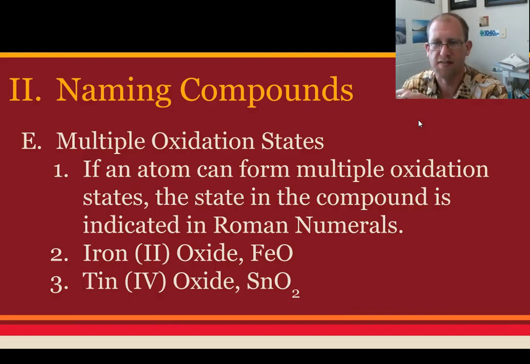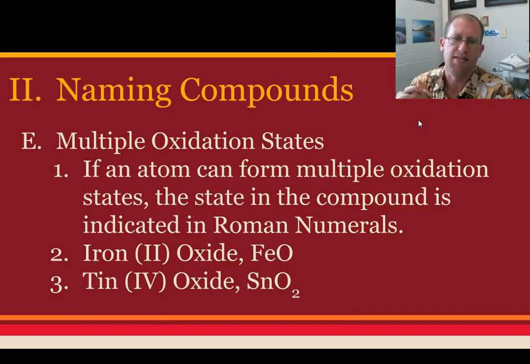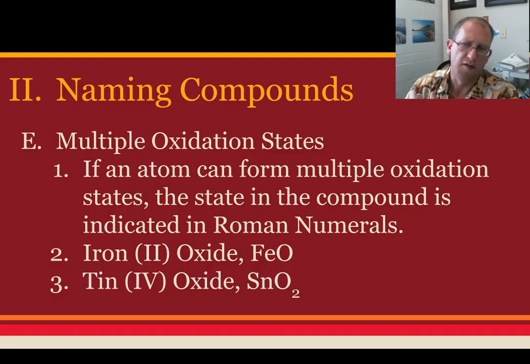Multiple oxidation states. Sometimes you have to identify the oxidation state of an atom in a molecule before you can name that molecule. This usually happens with transition elements, the elements down in the D block of the periodic table, and also the F block.